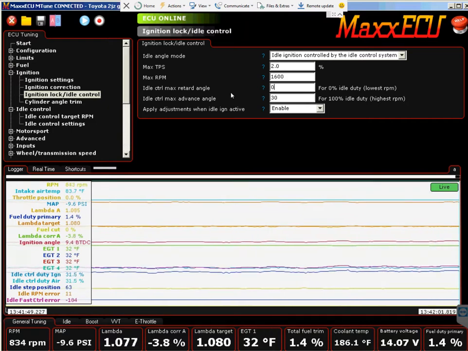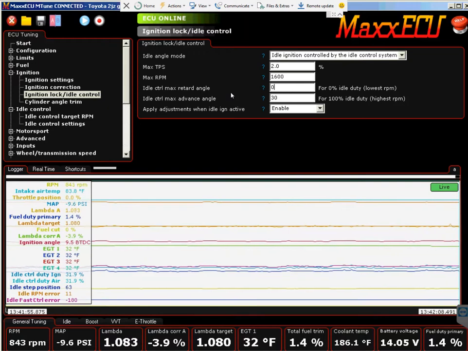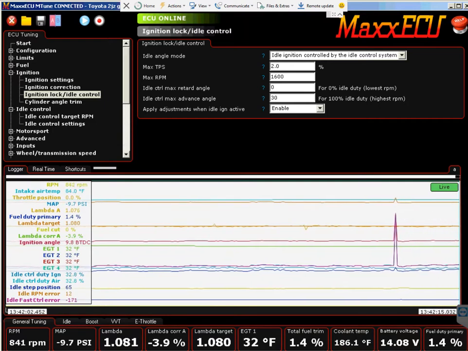Yeah, it's steady at 850, and lambda looks good. Ignition timing's bouncing around within 1 degree. I mean, yeah, I mean, boom, there's one. Uh-huh.